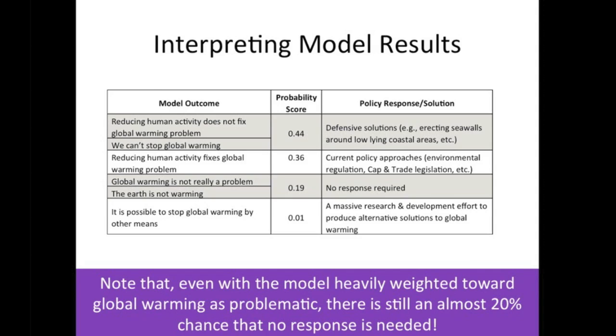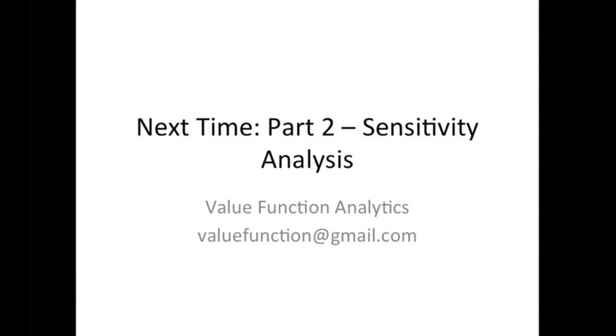And then global warming not really being a problem and the Earth not warming is a probability of 0.19. And if it's possible to stop global warming by other means, it's a very low 0.01 for the massive research and development effort. But note that even with a model heavily weighted toward global warming as problematic, there's still an almost 20% chance that no response is needed.